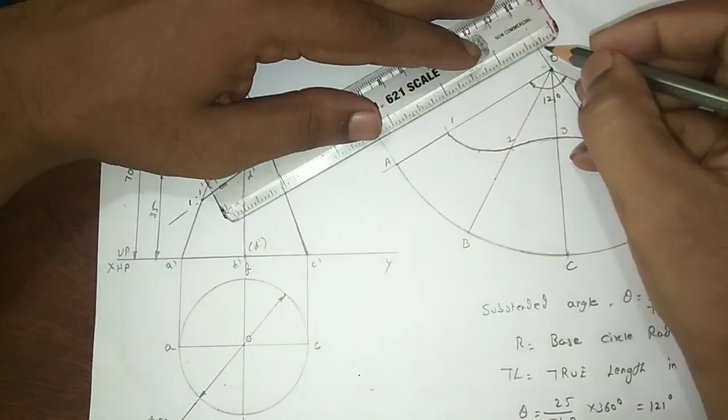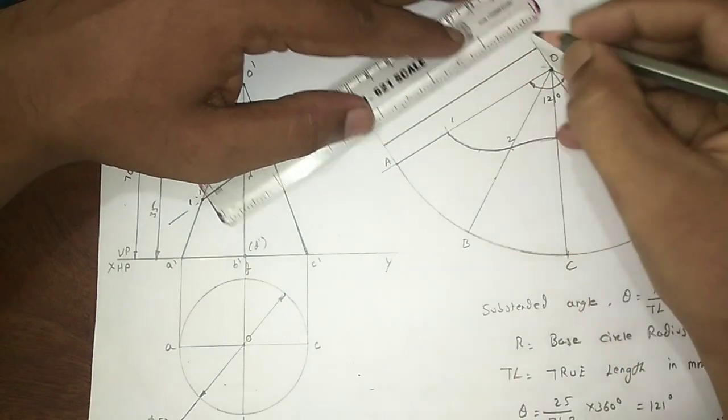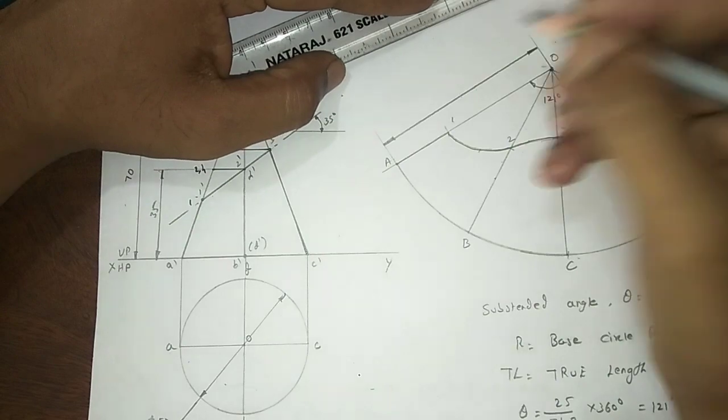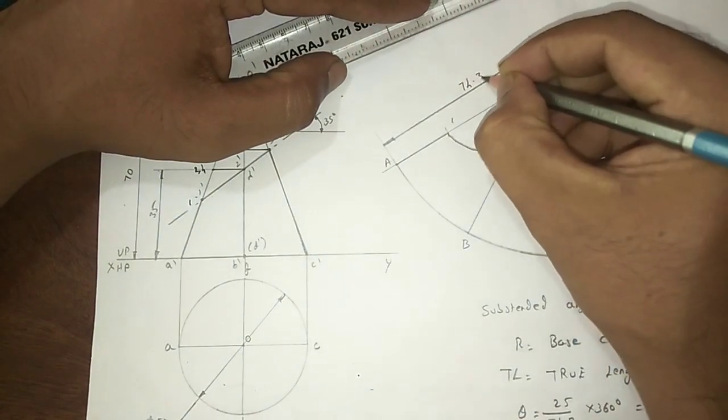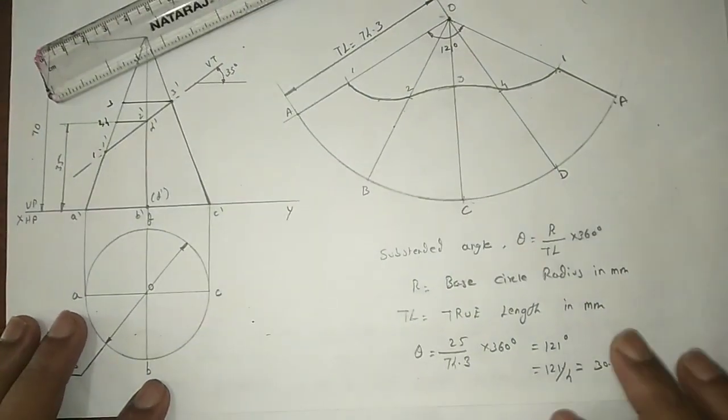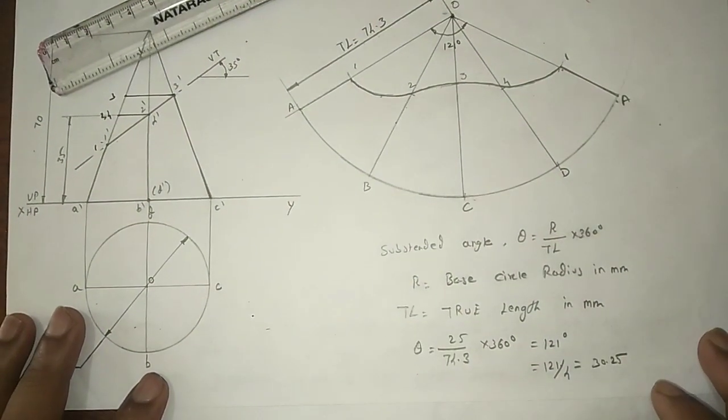Mention here true length, this value we know, write the value is 74.3. So this is true length. And finally in the bottom of the diagram you mention all dimensions are in mm, scale 1:1.